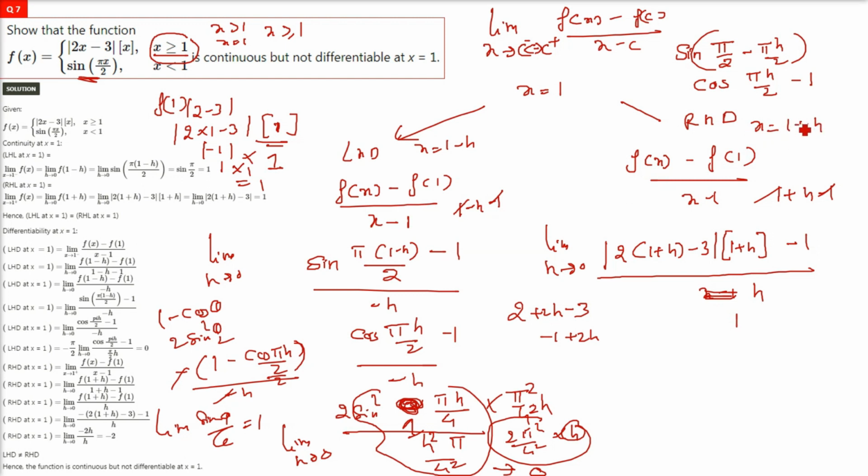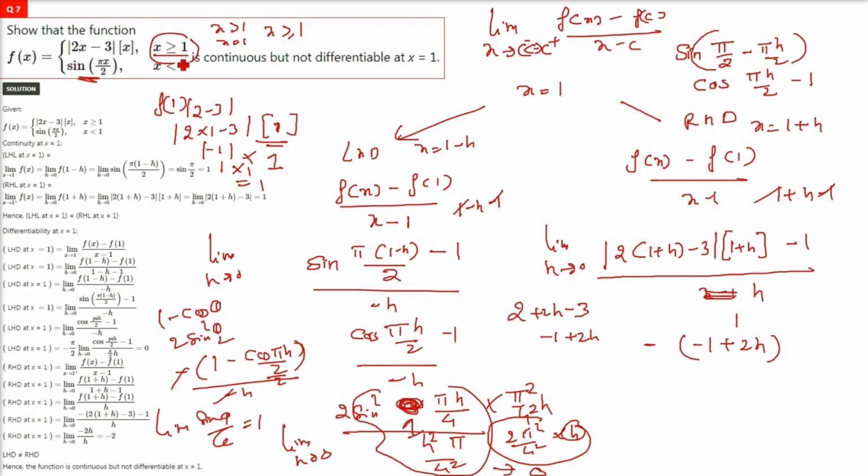Once you are greater than 1, 2x minus 3 is 0 when x is equal to 3 by 2. That is 1.5. So you are already above 1, but only a very little bit above 1. So you have to convert it into negative. When the modulus opens, it will be negative. This is the only catch of this question.